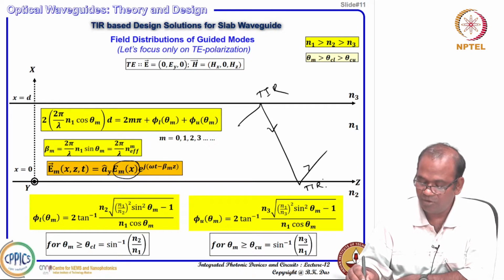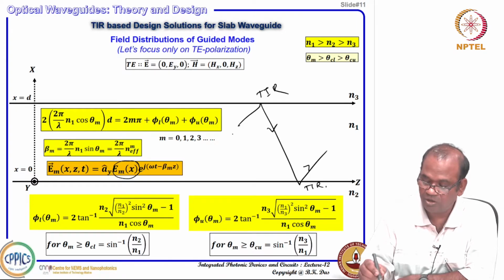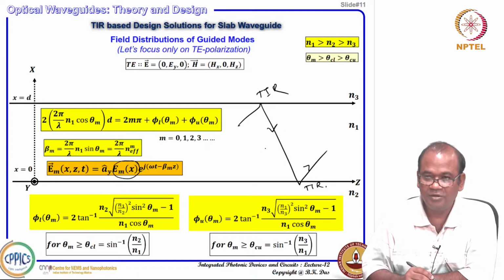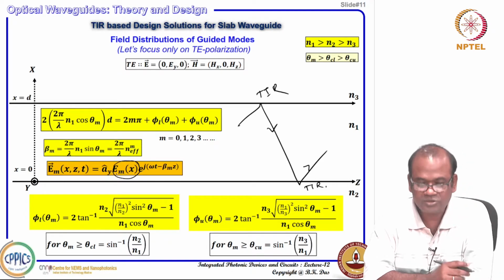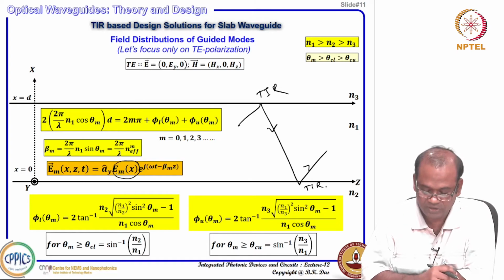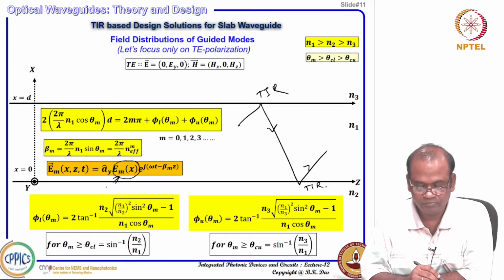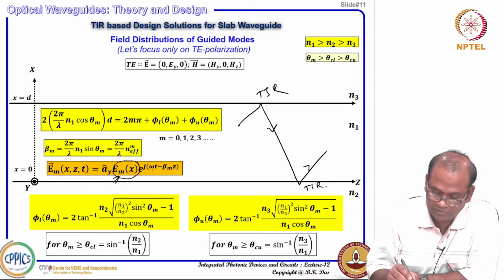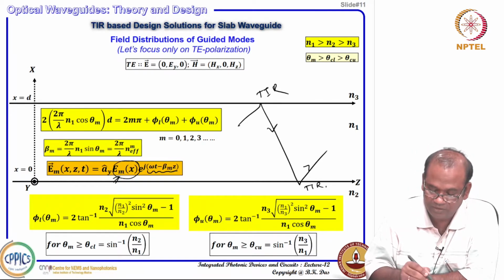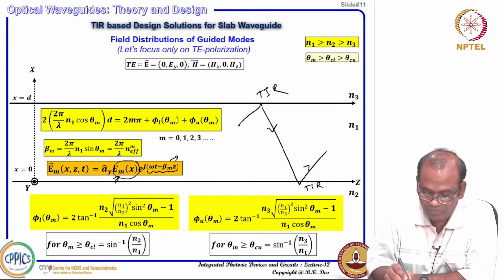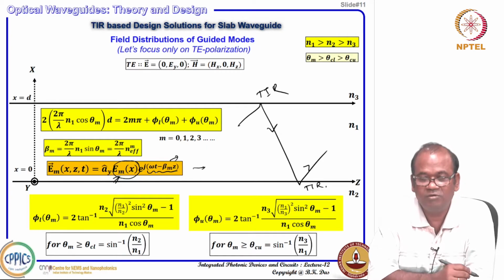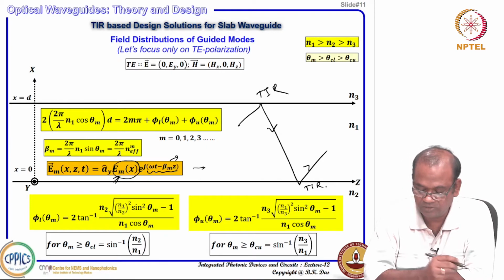That means your electromagnetic wave is confined within the core region. So, you get a well defined x distribution, and that particular distribution depends on m. I will discuss that. It will have a particular solution for beta m, and that will propagate along the z direction with the phase parameter omega t minus beta m z.